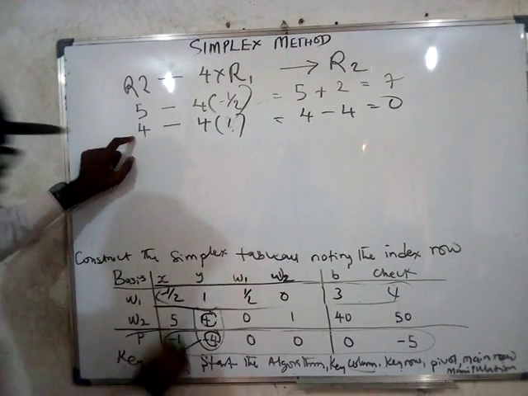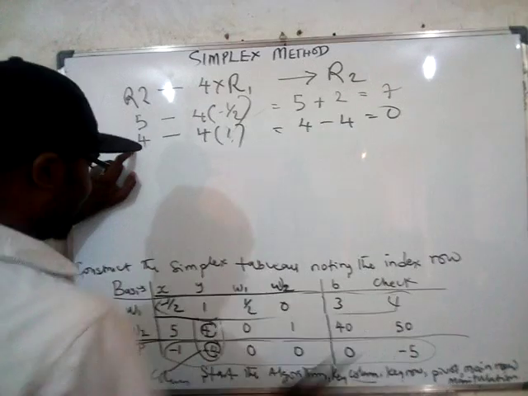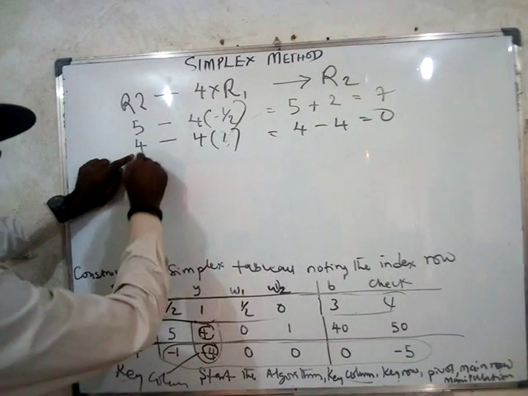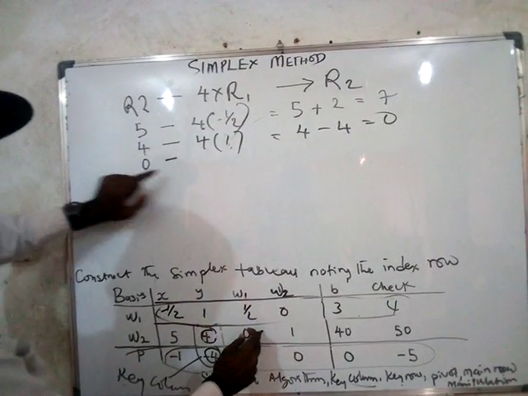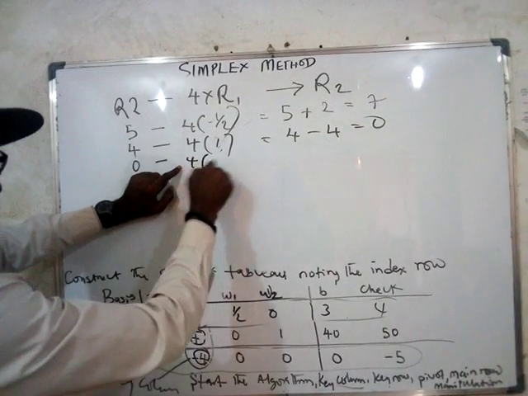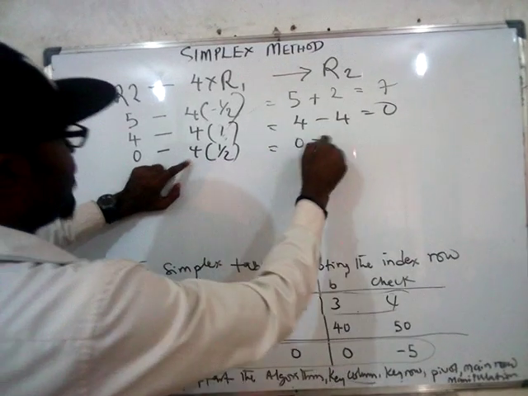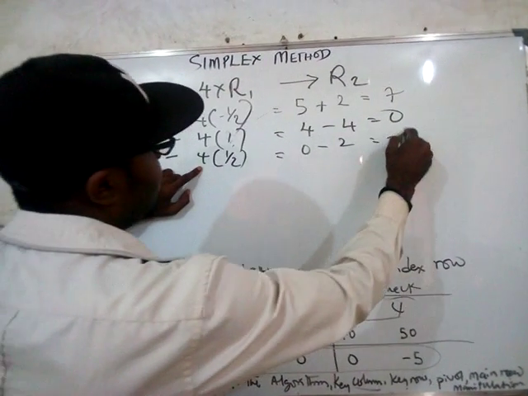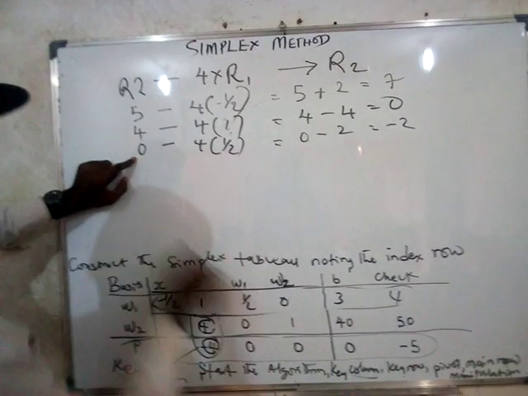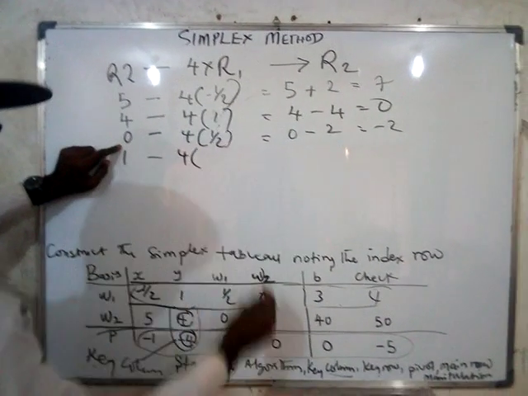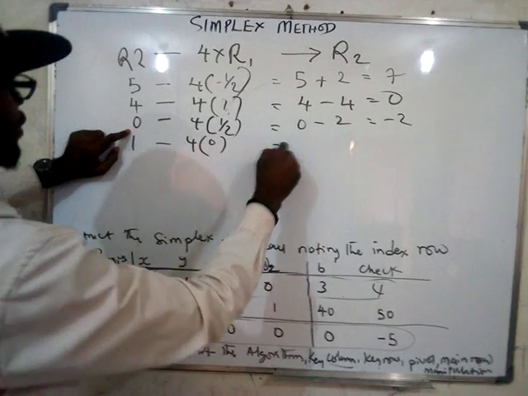I'll continue this, for anything you do for one, you must do for all of them. So for this other one, I have 0 minus 4 times the row 1 of this, half, which will give me 0 minus 2, which is minus 2. Then for this one, I'll have 1 minus 4 times 0, which will give me 1.